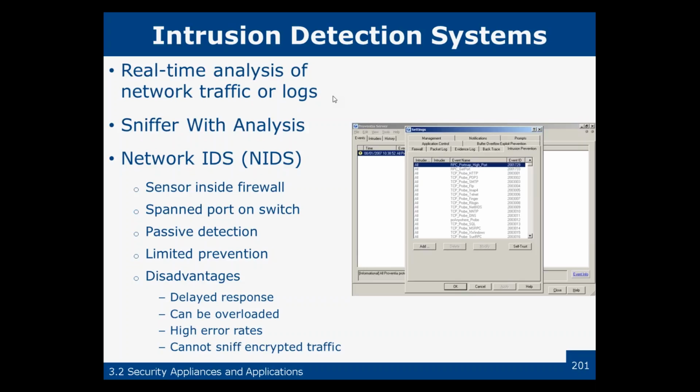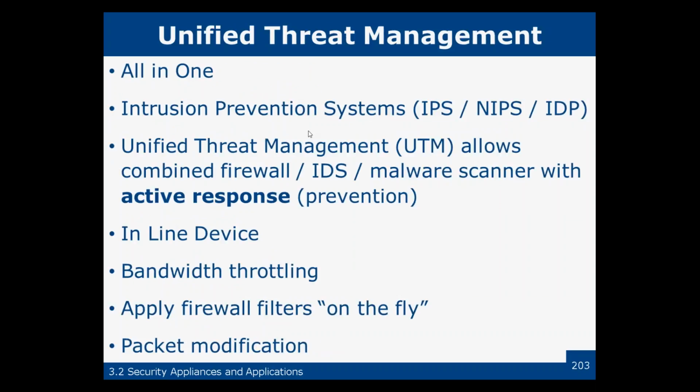The disadvantages of the IDS are a delayed response. You may not see that there is a problem until you look at the logs. It can be overloaded. If you have a lot of traffic, it can have high error rates. And this is another one that can't see encrypted traffic. None of these things can see encrypted traffic, so that's the way to get it through.